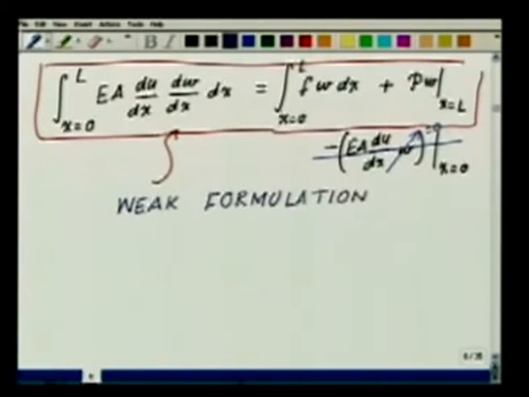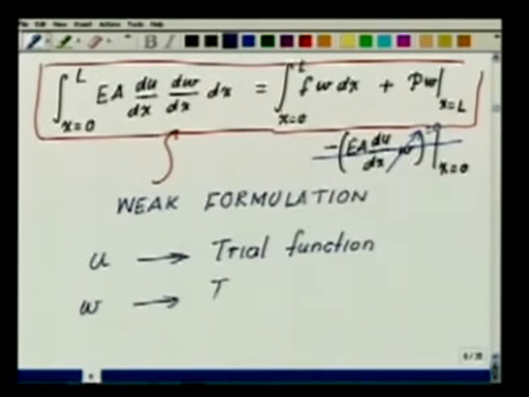Now let us again introduce some more finite element parlance. U in general in the finite element connotation is called the trial function. And W is called the test function.